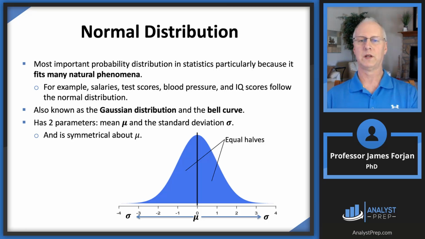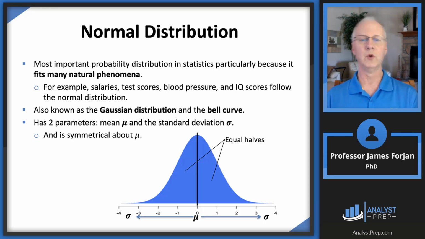You always put the mean in the middle, so there's the population mean. We use the notation, the Greek mu, and that's the middle. One of the interpretations is that the values around the mu are the most likely outcomes.